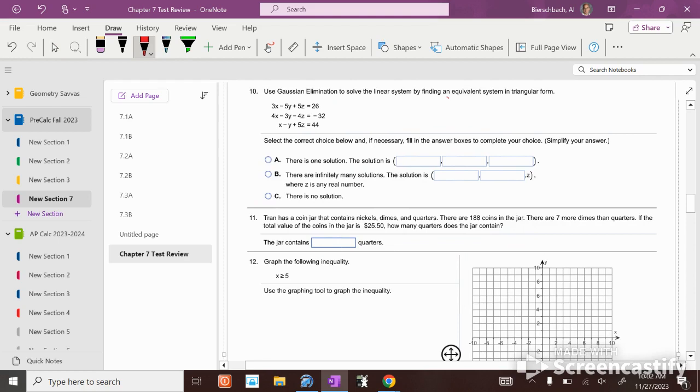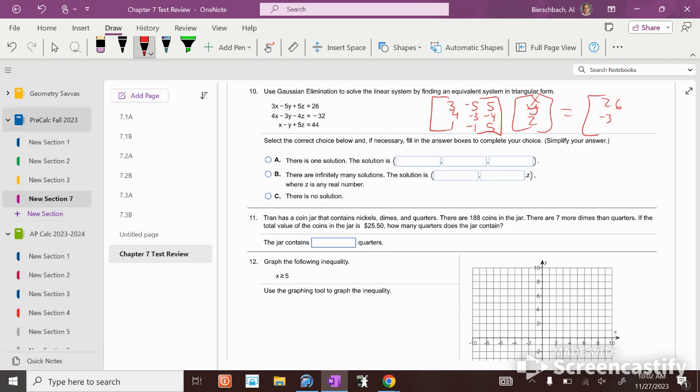Well, you set up your matrix as 3, -5, 5, 4, -3, -4, 1, -1, 5, times X, Y, Z, and then 26, -32, 44.